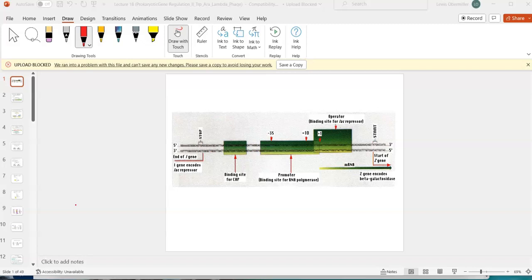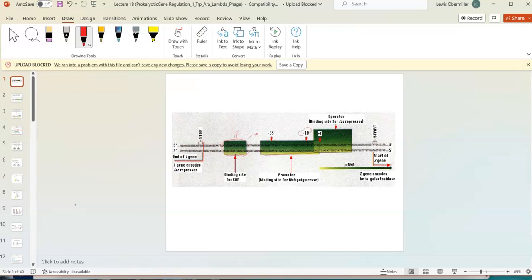So here's the end. This is the stop codon, right? That's the end of it. And then this is the CAP cyclic AMP binding site. This is part of the transcription factors that help recruit the polymerase that we already talked about. And then this is the promoter sequence.